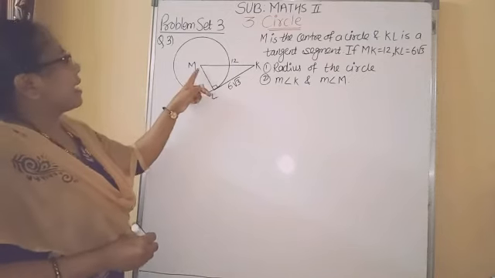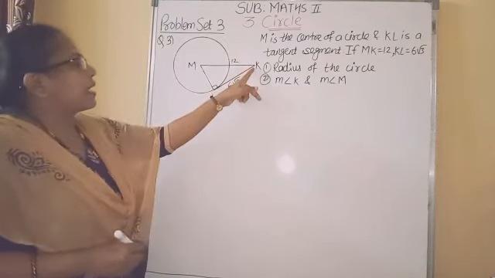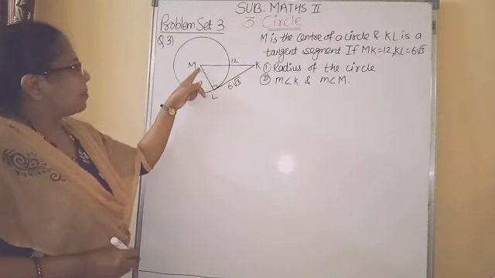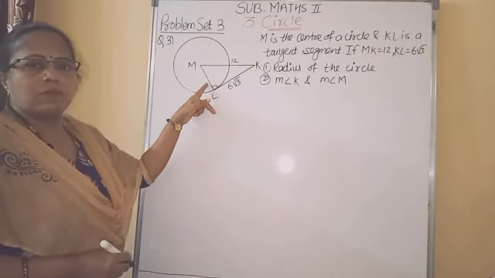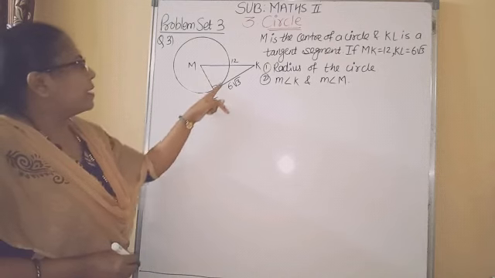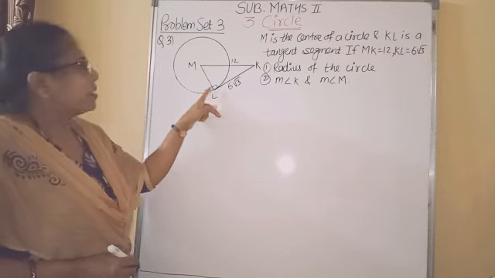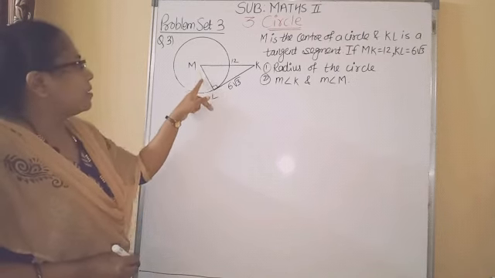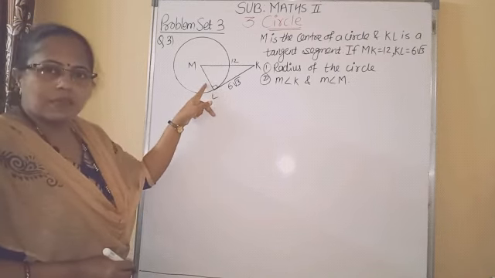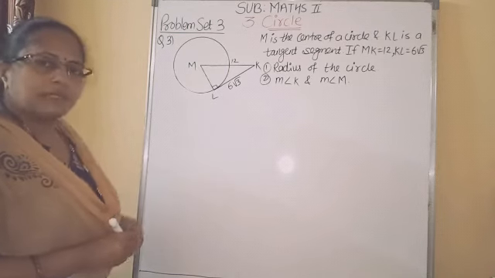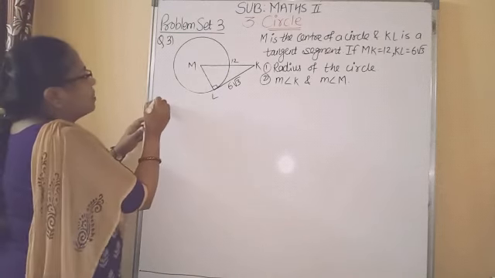So here in this triangle MLK, segment ML is the radius of the circle and triangle MLK is a right angle triangle. So by using Pythagoras theorem, we can find out the radius of the circle. Follow? So let us start the solution.